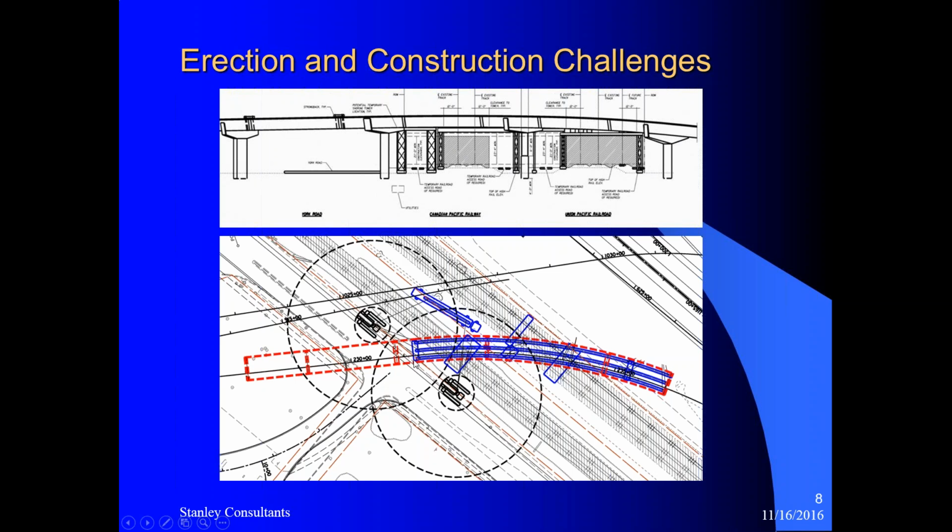For example, one typical example here for each bridge type, after the preliminary design: crane locations, how the trucks come in with the girders, and how each girder is lifted from the truck and erected. These were all considered in detail.